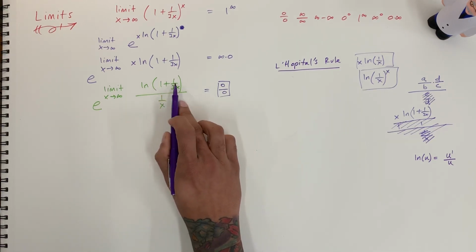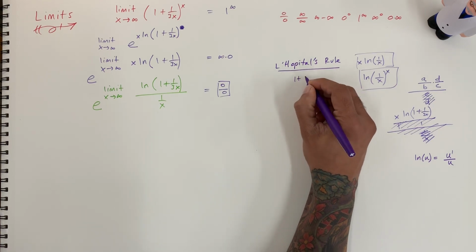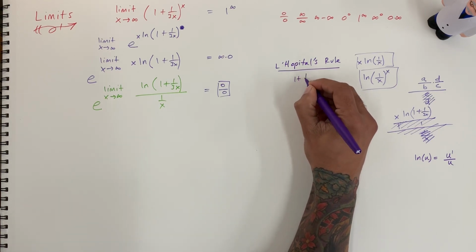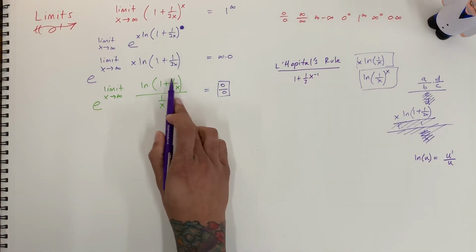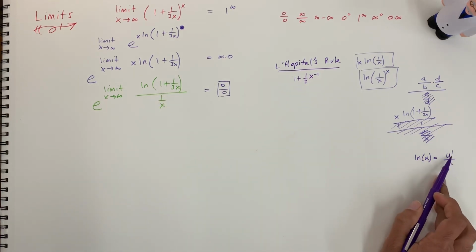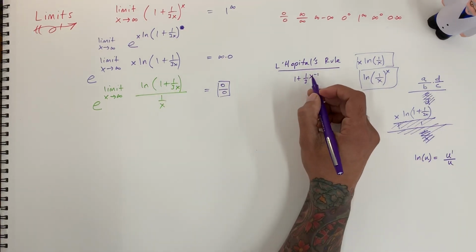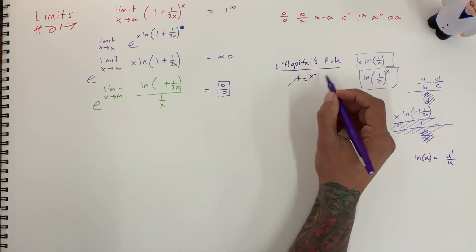First, let's express this a little bit different. We got 1 plus 1 over 3 x to the negative 1. Okay, so I'm just rewriting it. Now let's do the derivative of this inside, which is the derivative of ln. And that's gonna be, drop down that, this is gonna be a constant.